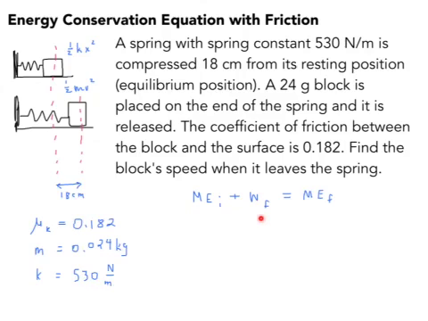The force of friction always points in the opposite direction of motion, which means that theta, the angle between the friction force and the distance d, will always be 180, and the cosine of 180 is always -1. So this is always a negative number. Basically we're subtracting away some of the mechanical energy at the beginning because friction takes it away, and so the final mechanical energy will be less than the initial.